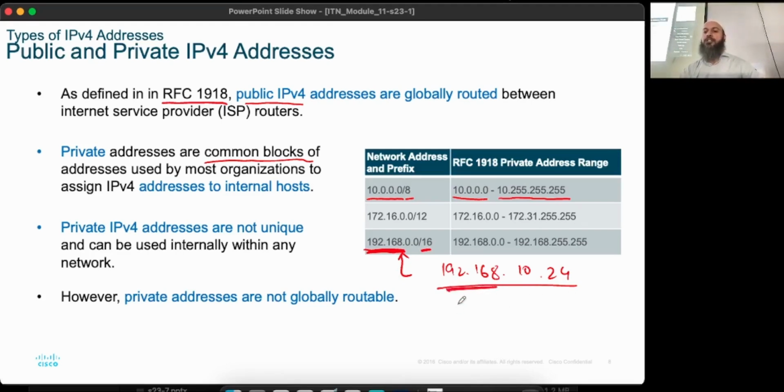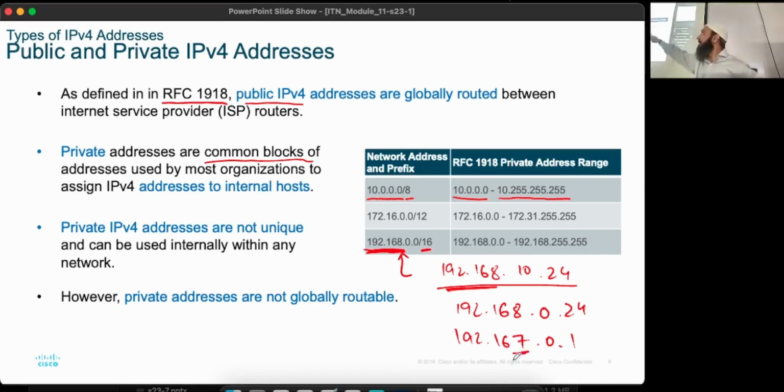So this thing has to be there. So 192.168.0.24 is a private address. Okay. What about 192.167.0.1? Is it a private address or a public address? So it's 7.